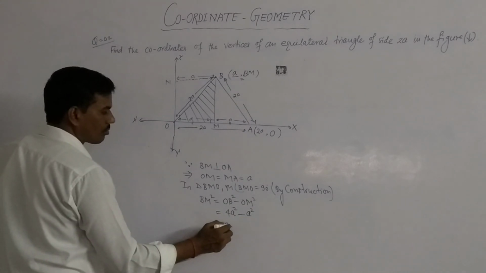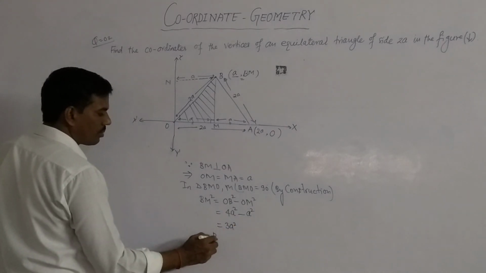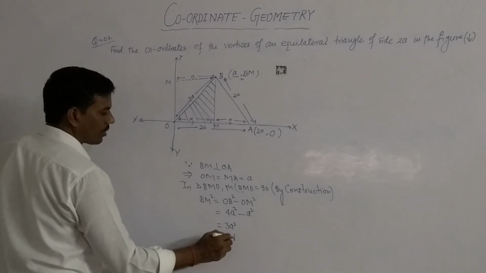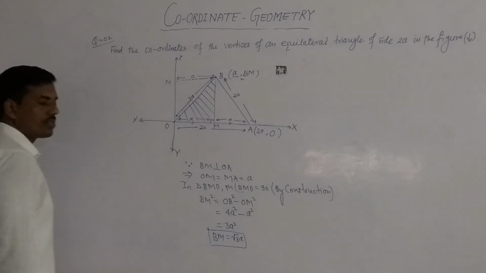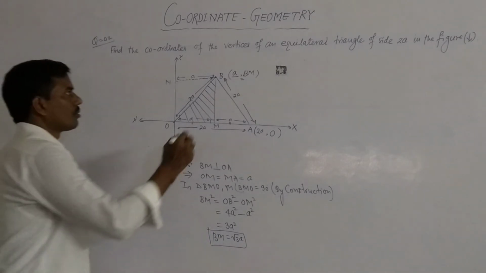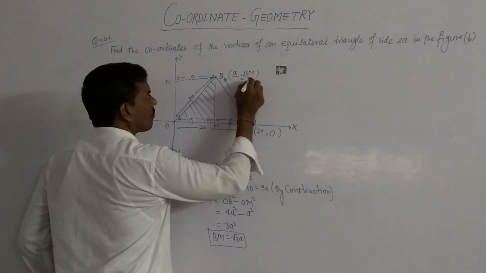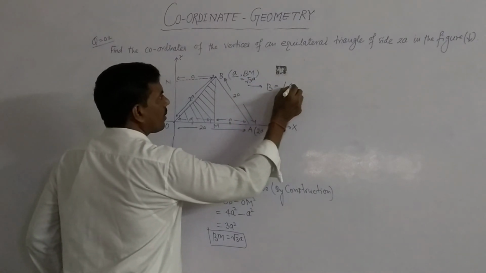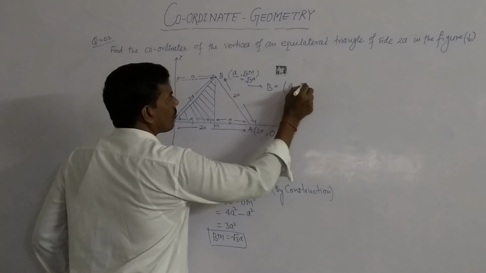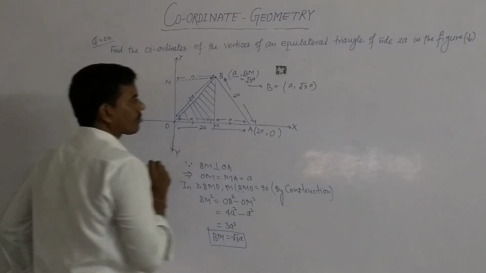This equals 3a square. So BM is equal to root 3 a. Means B is equal to (a, root 3 a).